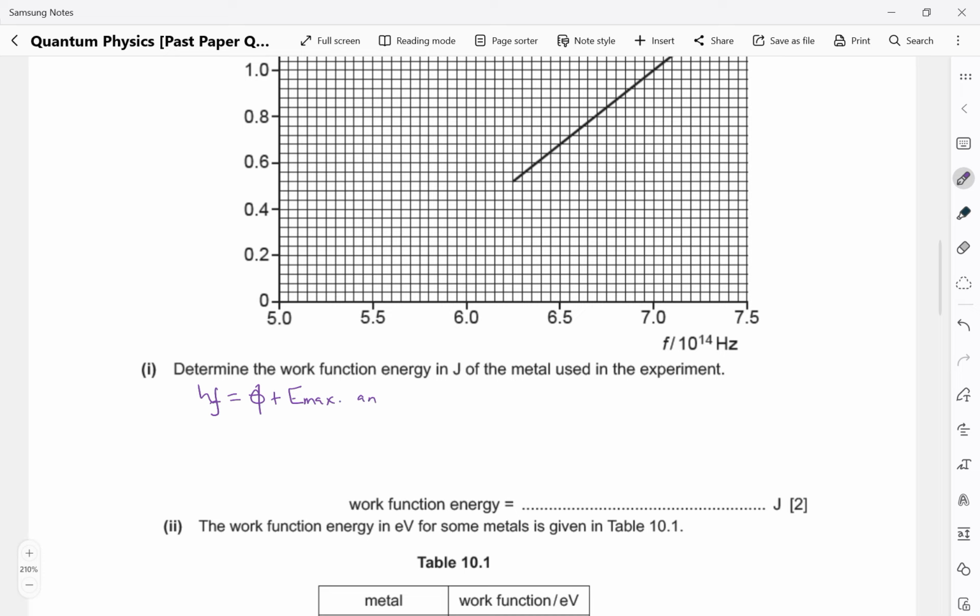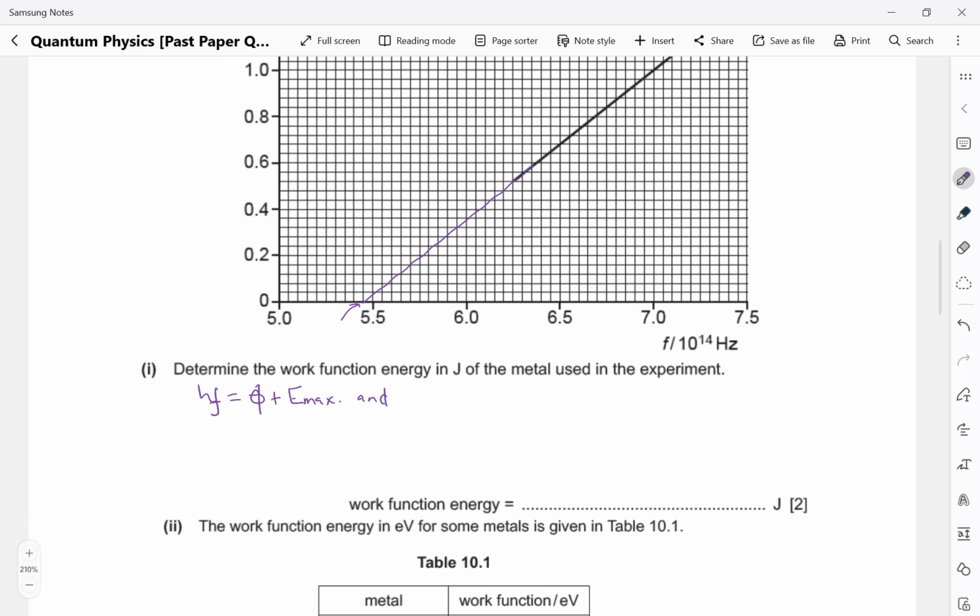From the graph, if we prolong this line, it is somewhere here.